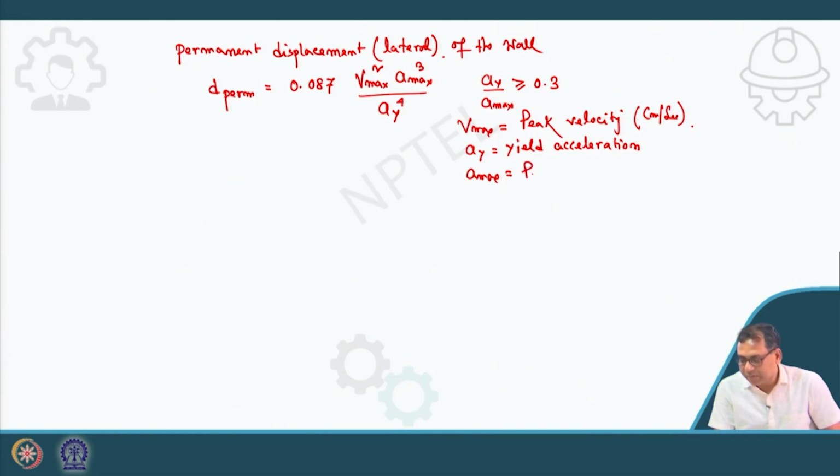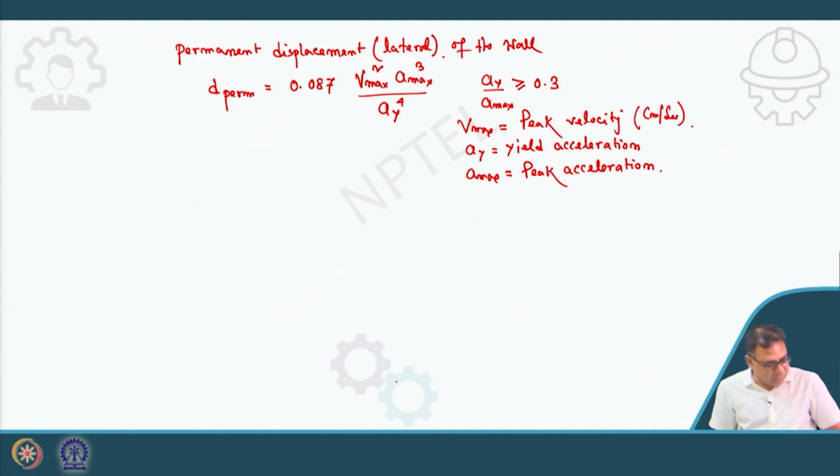Okay? Peak acceleration, and of course, it is horizontal acceleration, PHA, peak horizontal acceleration. Okay. So, this way we can determine the values.